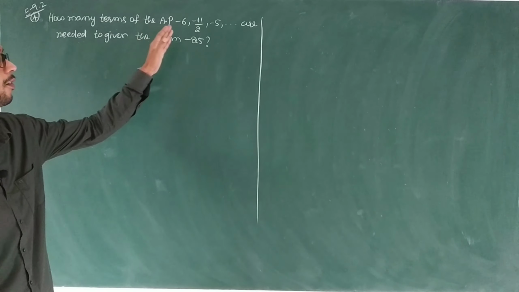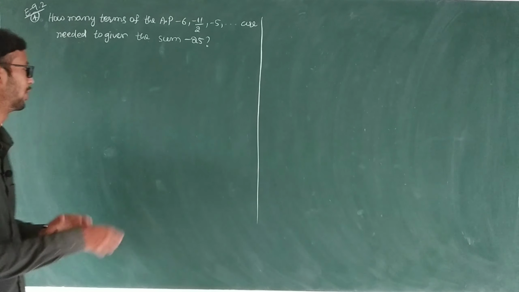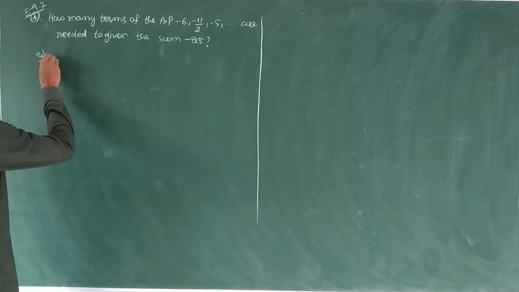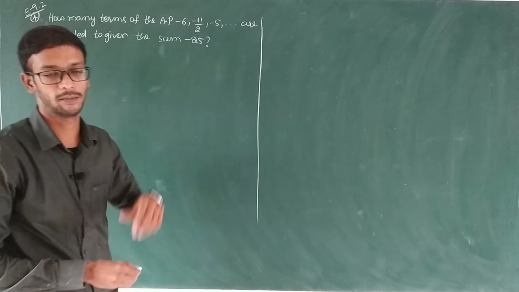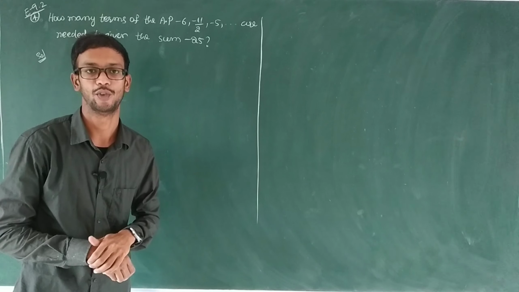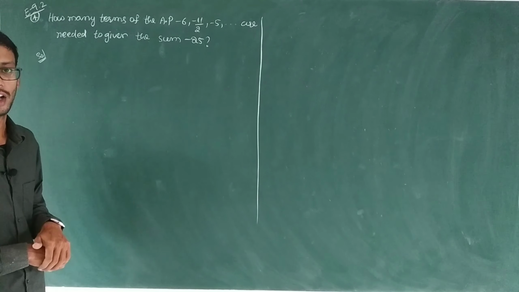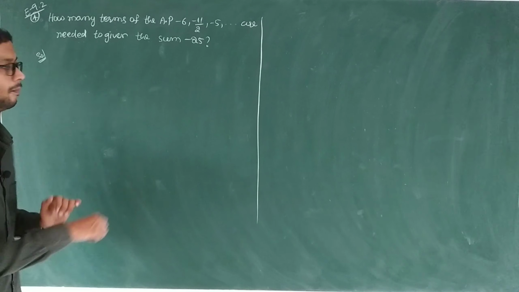How many terms of the AP are needed to give the sum minus 25? How many terms, if you are summing, give the result minus 25. So here we have to find the n value, the number of terms.